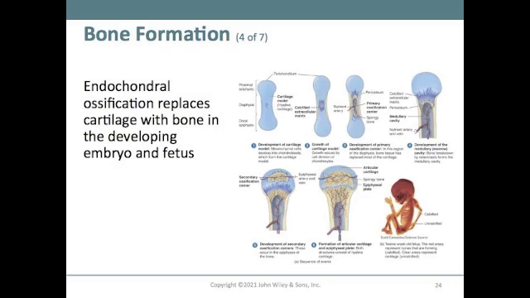And then in the fourth stage of that development, we see the medullary cavity form. We already see in stage 3 the blood vessels entering in here, but now we've got the nutrient artery and vein coming in, so it's more and more developed. In stage 5, we've got the development of the secondary ossification center.